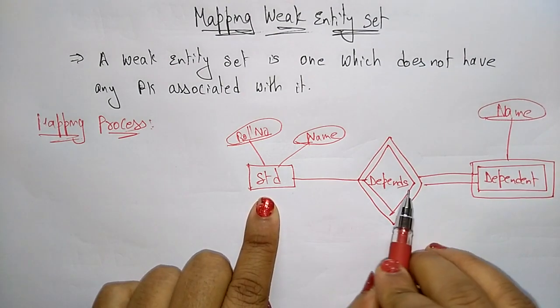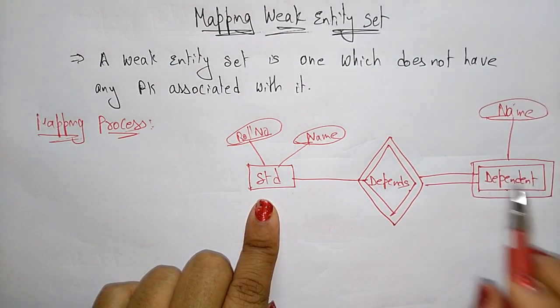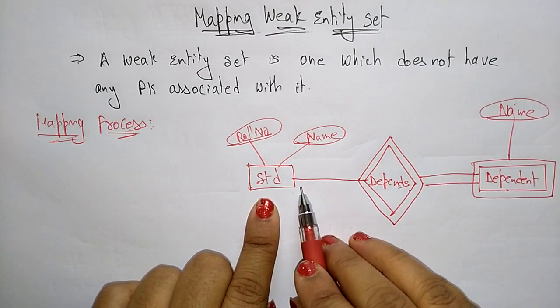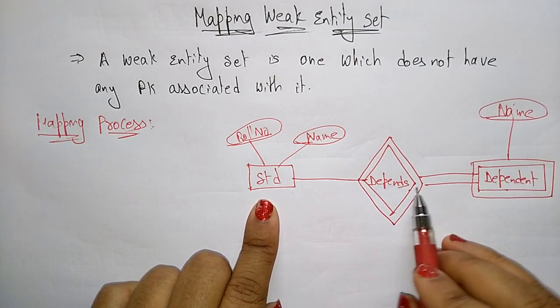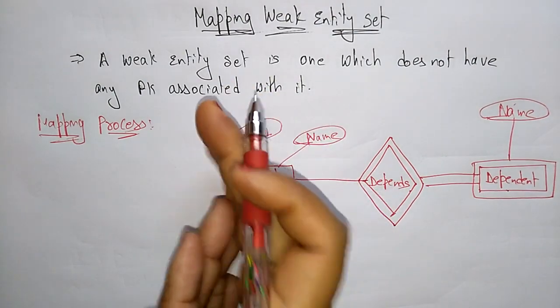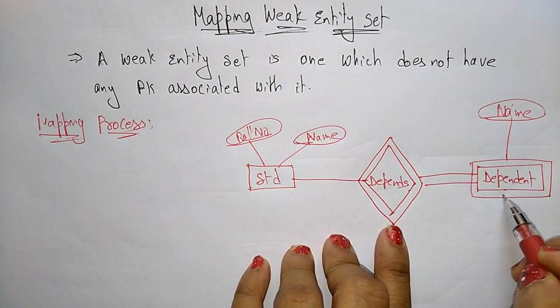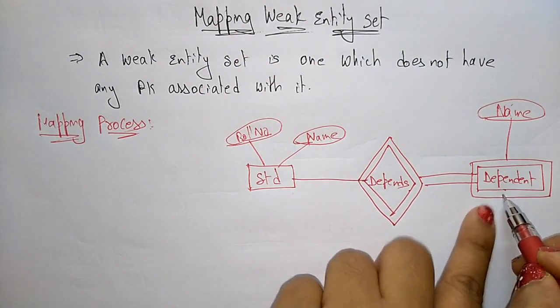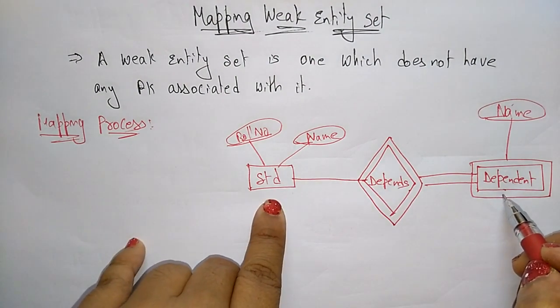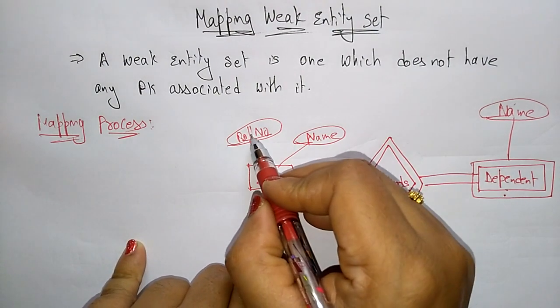Here the dependent is dependent on the name of the student. So a student has a roll number and a name, and here the dependent depends on this student entity, but it does not depend upon the primary key.